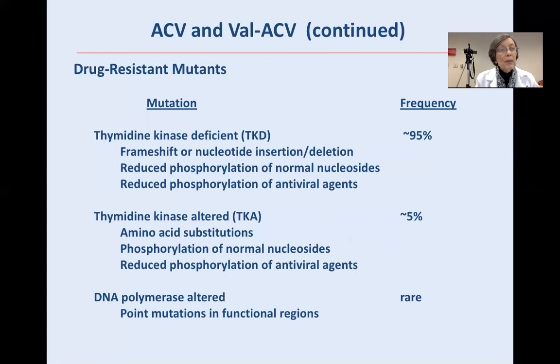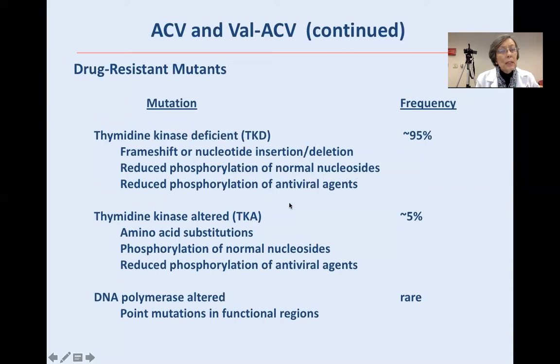Now, long-term therapy can pull out drug-resistant mutants, and the most common is a thymidine kinase deficient mutant, where you've got a frame shift or a nucleotide insertion or deletion in the coding sequence of the thymidine kinase. And this results in an enzyme which has reduced phosphorylation of its normal nucleosides, and in addition, reduced phosphorylation of antiviral agents.